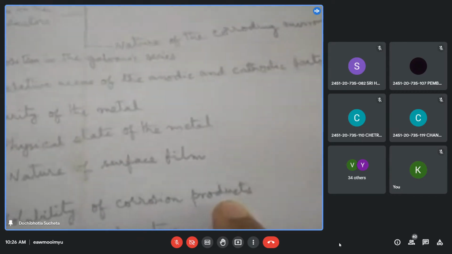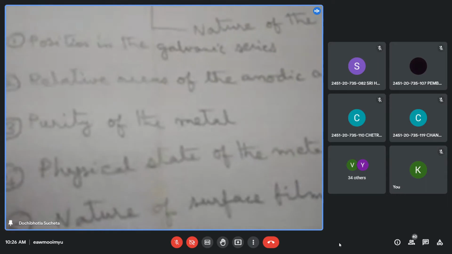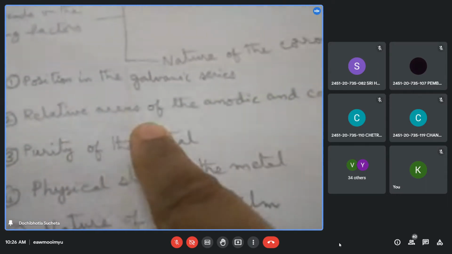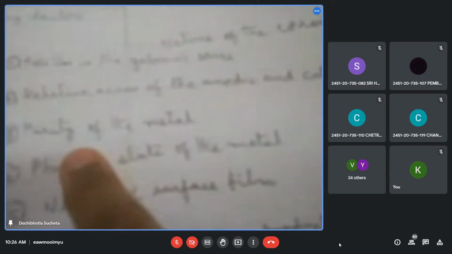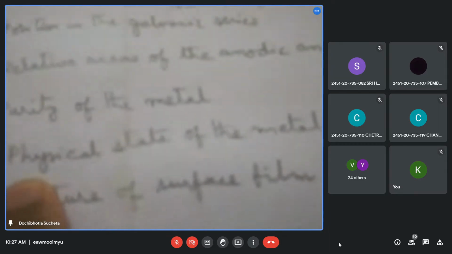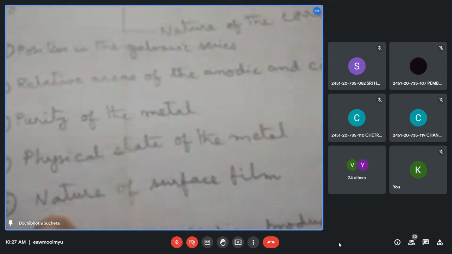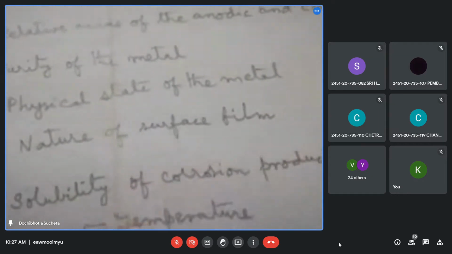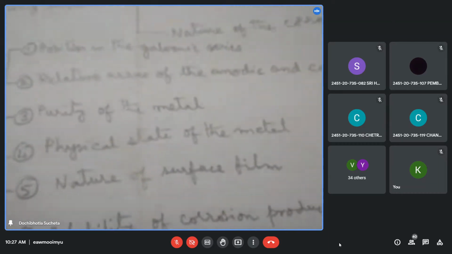I hope every one of you has written. So what is the first one? Position in the galvanic series. Second is relative areas of anodic and cathodic parts. Third is purity of the metal. Fourth is physical state of the metal. Fifth is nature of surface film. Sixth is solubility of corrosion products.